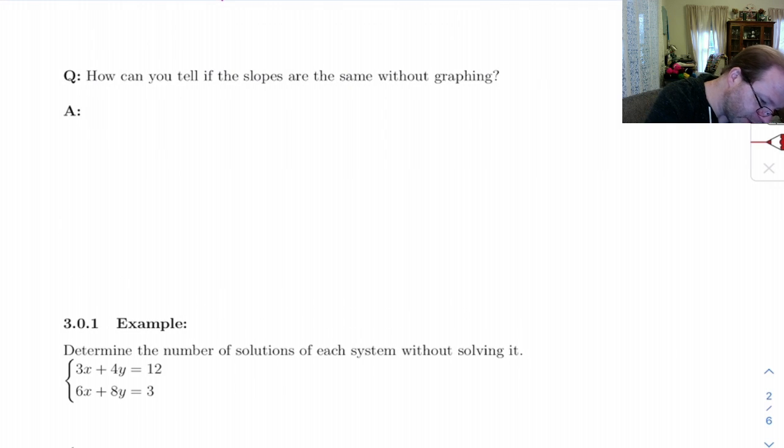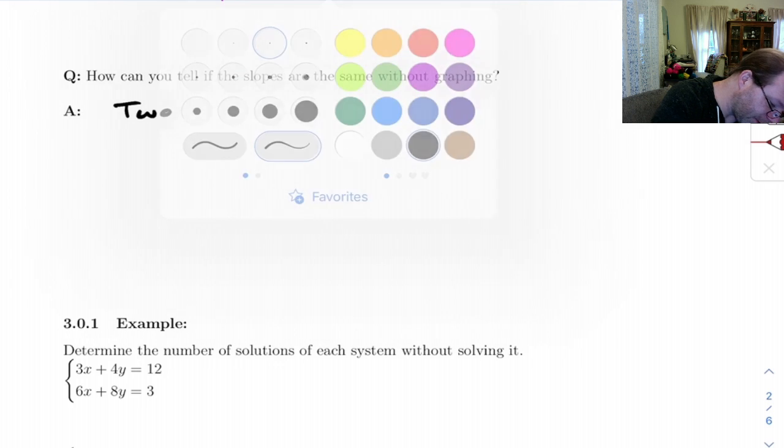I'm going to write it out in general up here. Let's say you have two lines. Well, that's a very thick marker.